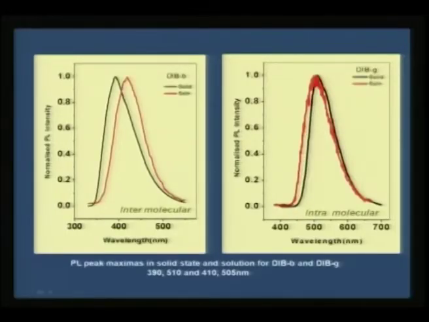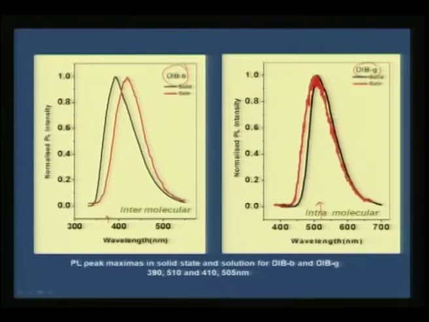You can see here the blue emitting molecule is showing emission spectra somewhere around 380 nanometers, whereas in the case of green emitting molecule, the emission spectra is somewhere around 520 nanometers.